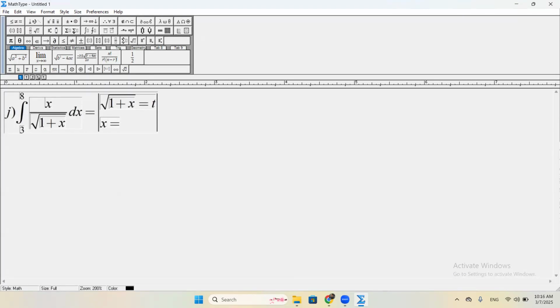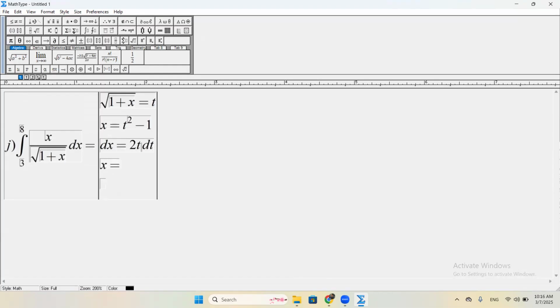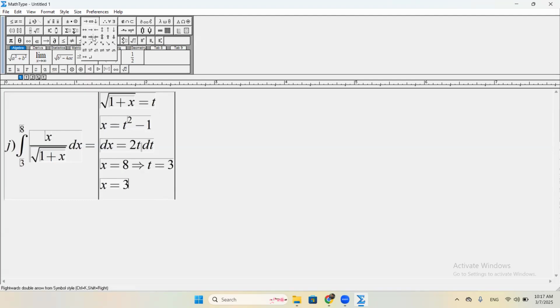Then x equals t squared minus 1, dx equals 2t dt. Then when x equals 8, t equals 3. When x equals 3, t equals 2.